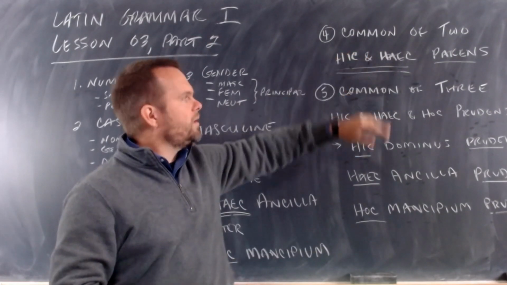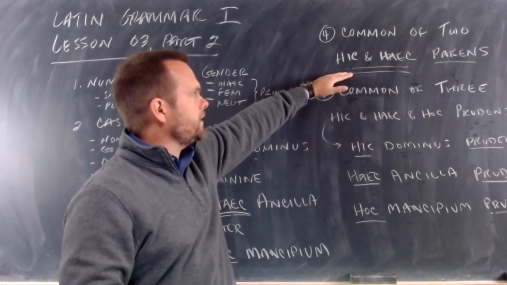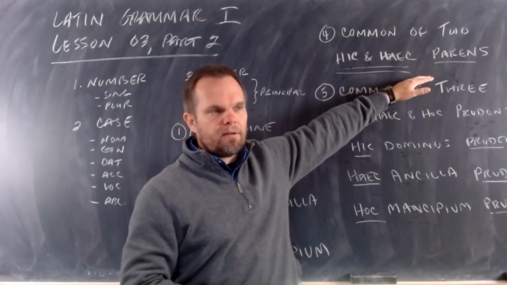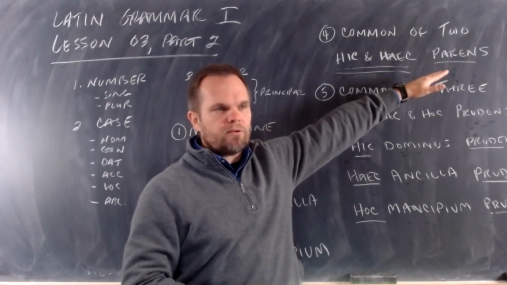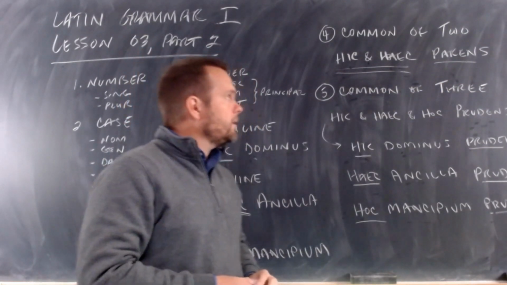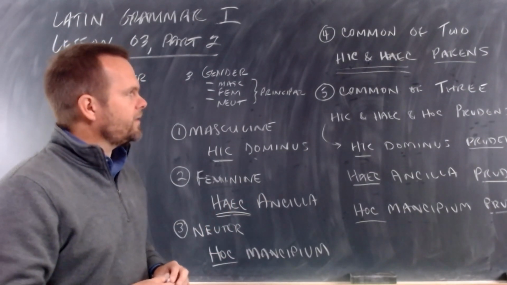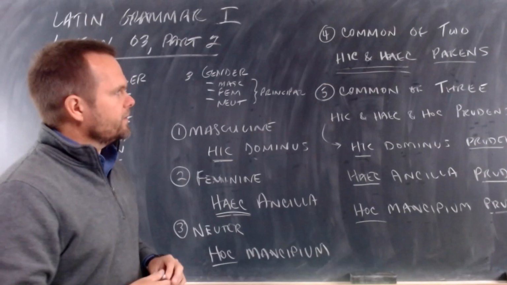Common of two refers to a noun that can be masculine and also can be feminine. And we used parens as an example. And we'll learn many more as we get into the study of substantive and adjective nouns.